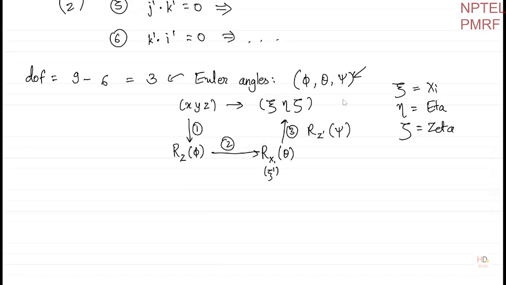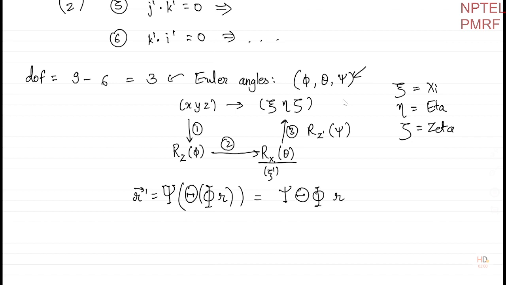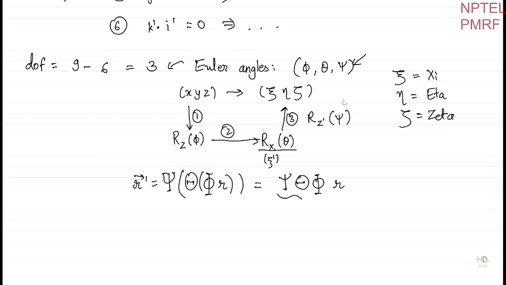So we can finally go from r to r prime with this phi applied on r, then apply this rotation, which we call theta, on this entire thing, and then apply psi. And we derived what should be the components of this matrix. By the way, since matrix multiplications are associative, we can just write this as psi, theta, and phi operated on R. So this entire matrix is your matrix A that takes you from R to R prime.